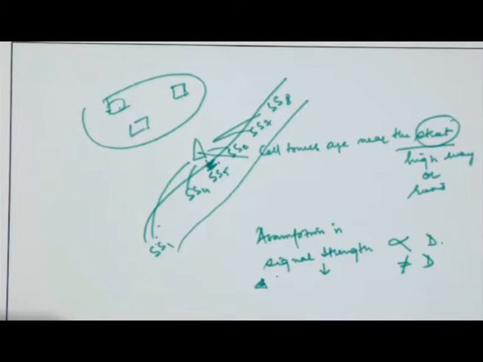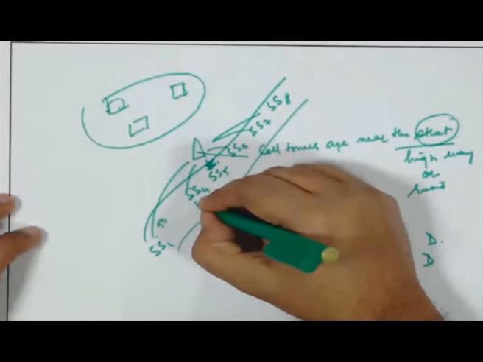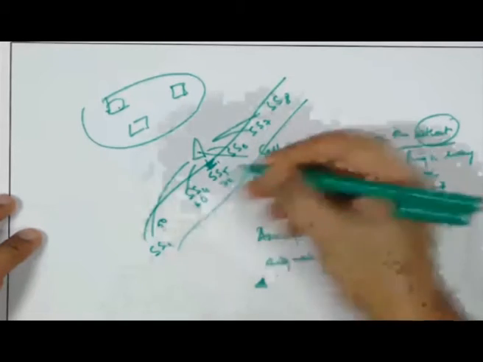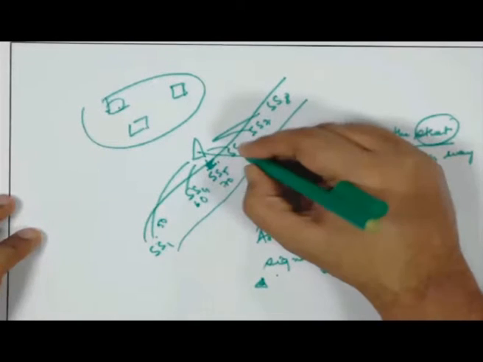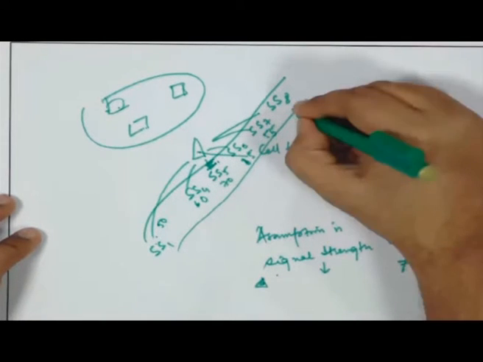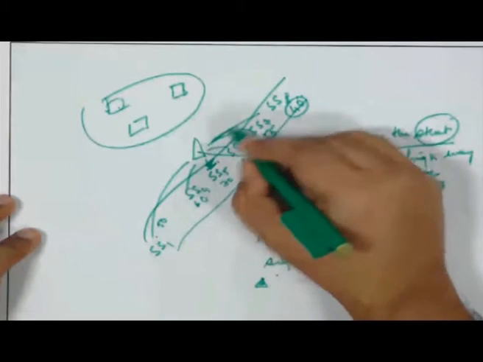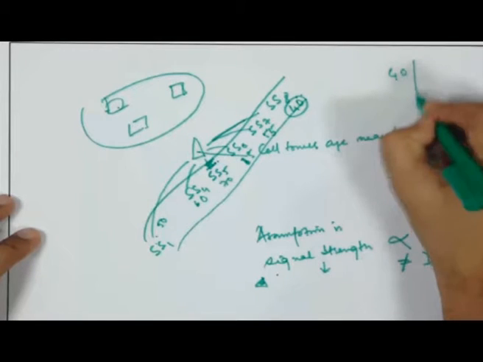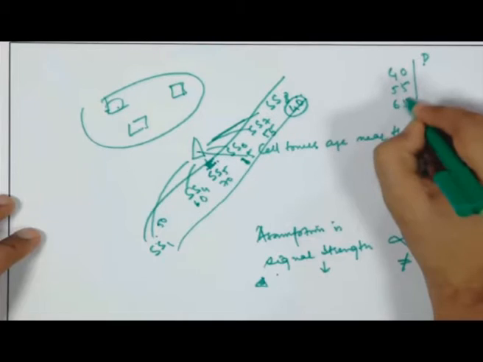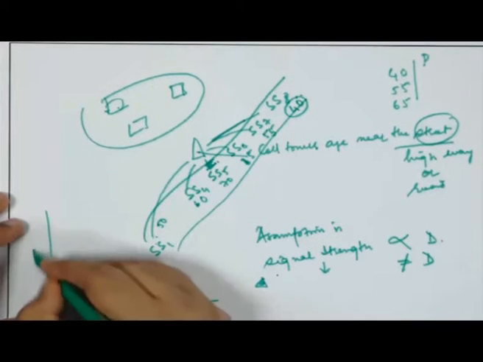When we try to do the weighted centroid, it gives wrong information. I guess it's clear, because see, SS1 may be 50, SS2 may be 60, SS3 may be 70. It should actually be minus, but let me write it in the positive way. So it is 65, it is 55, it is 40. So if I just plot 40 against distance, and distance 55, 65, let me just think that this is distance and this is signal.